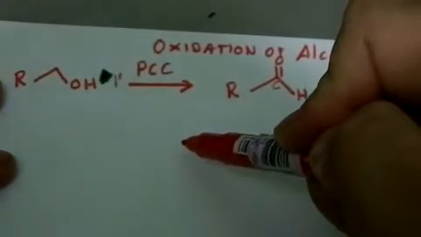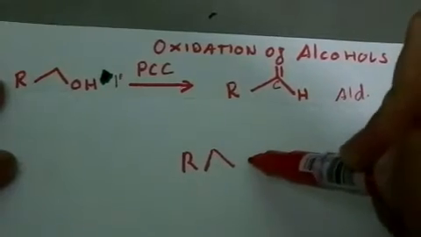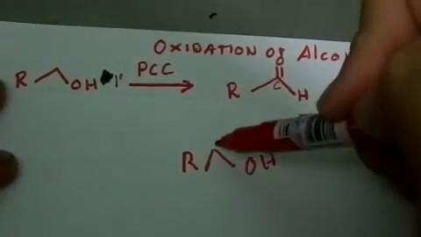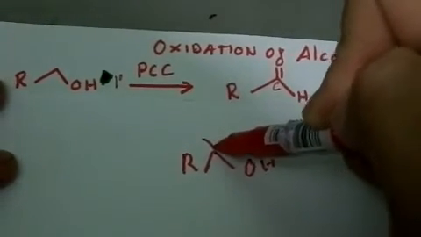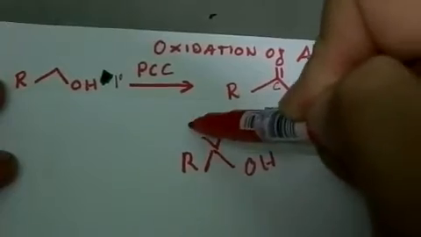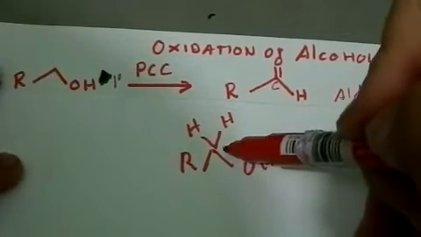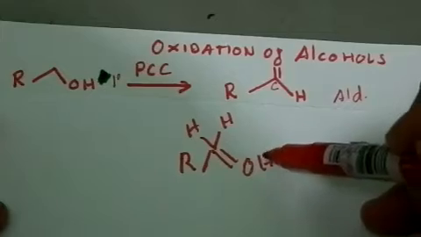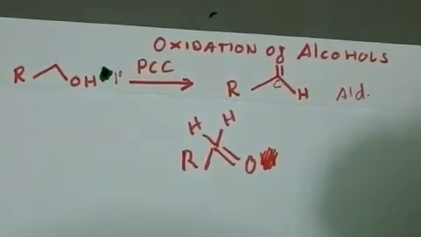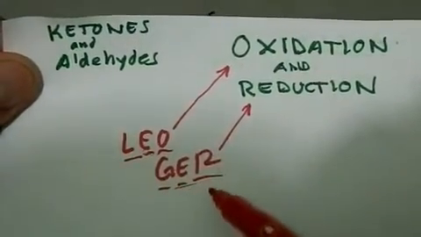What I like to do is start out with a structure from this here. Remember, this point here is a carbon, so it has two hydrogens. Now, I like to make this a double bond. This would mean that this would lose an electron, removing the H. And as we discussed earlier, Leo the lion says grr.